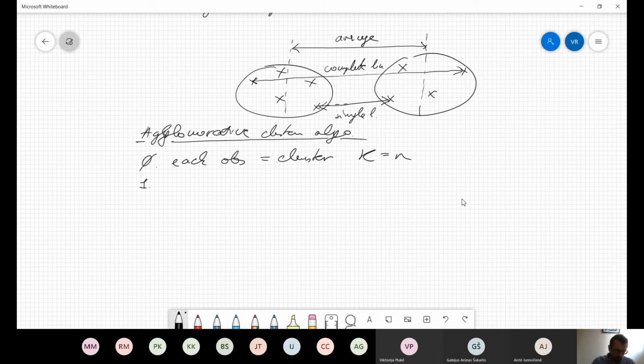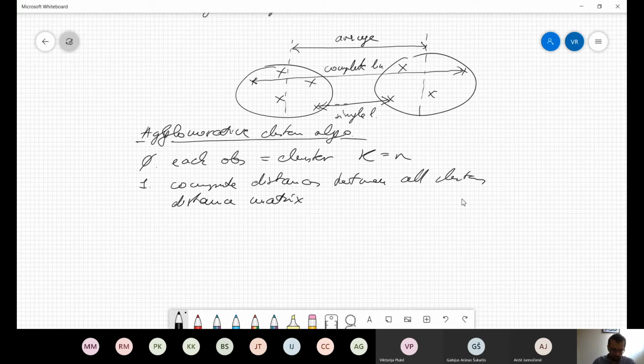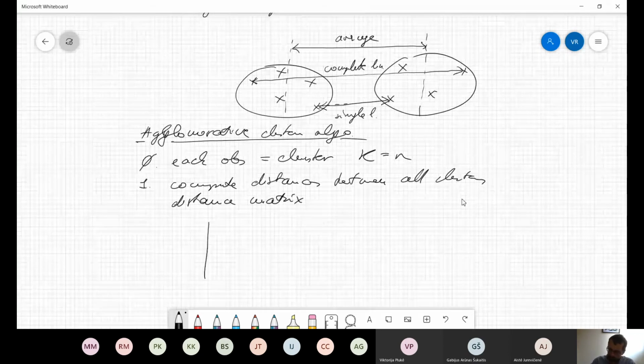So step number 1, compute distances between all clusters. This will give us a distance matrix, right? The distance matrix looks more or less like this.